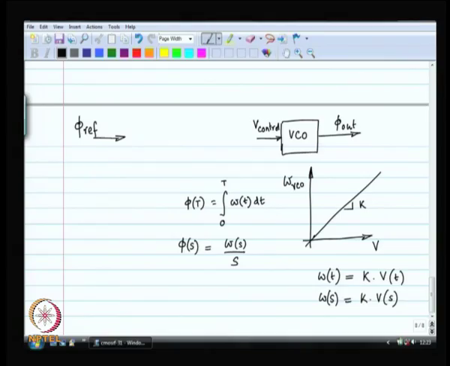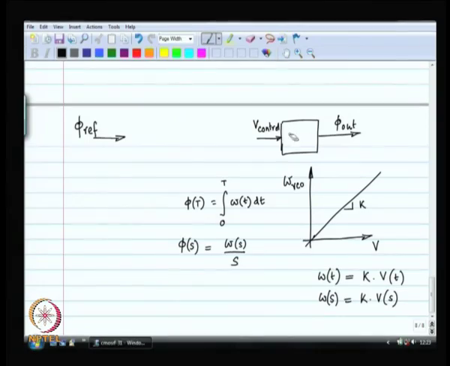That means that this particular plant, the VCO, can be modeled as something that is of this nature. Okay.